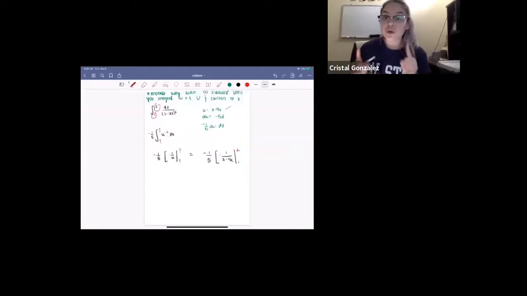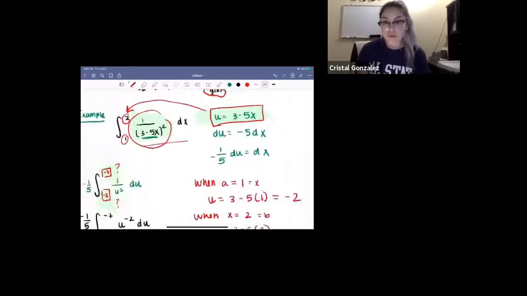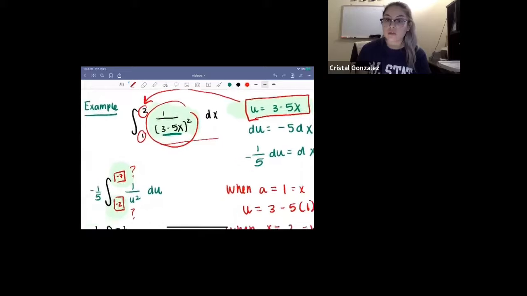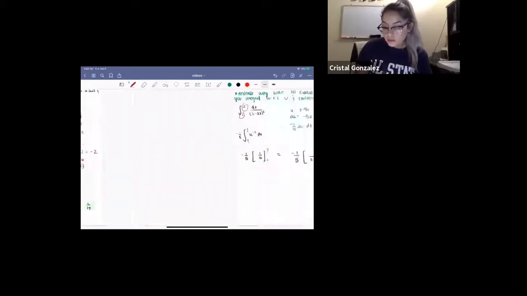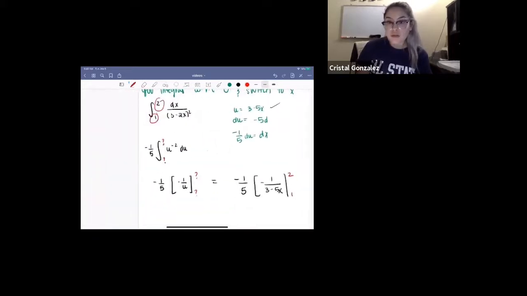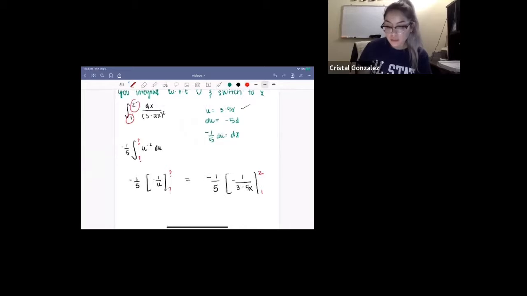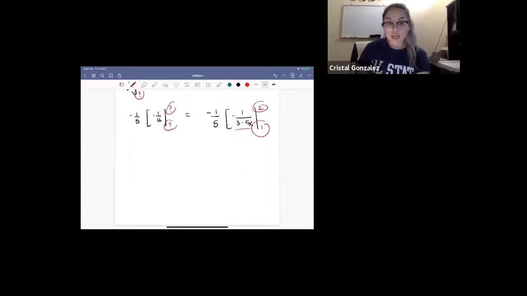So you have 2 options. Adjust u from the start so that you get the correct bounds, or get your u's, leave these blank or put question marks here, go back to x and then evaluate these for x. So when we go back to x, you'll get the exact same thing.